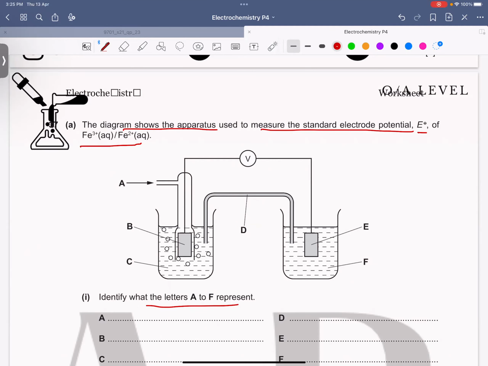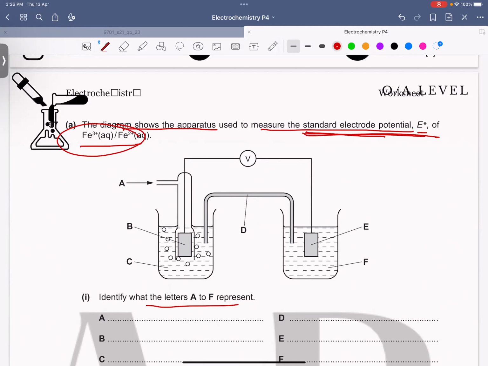It must be connected to a standard hydrogen electrode. So whenever we have to find the standard electrode potential of any half cell like this, we always use the standard hydrogen electrode.